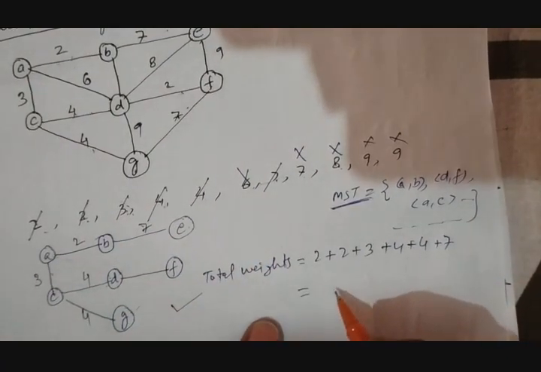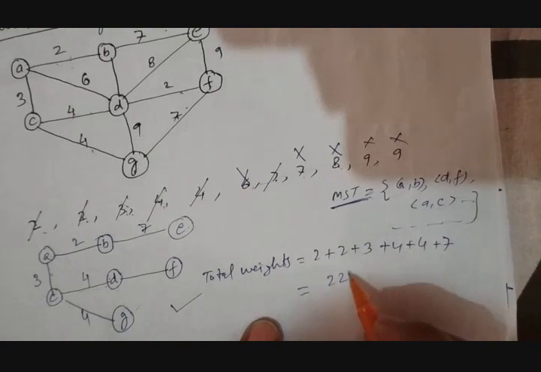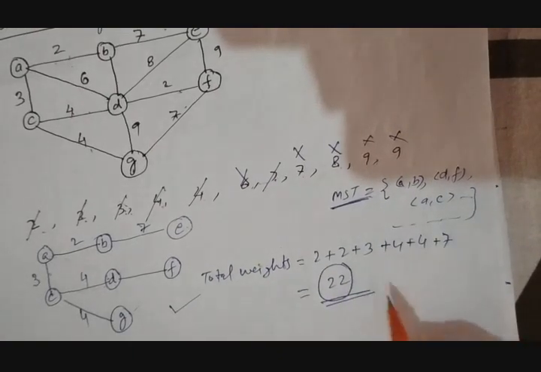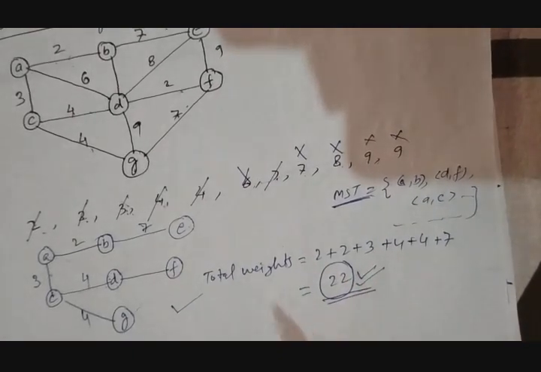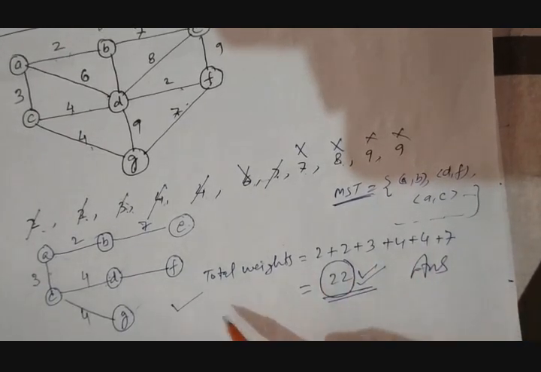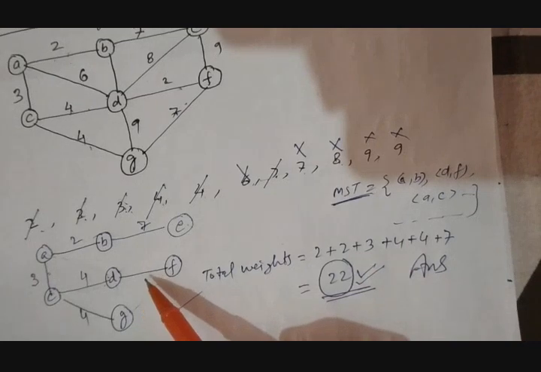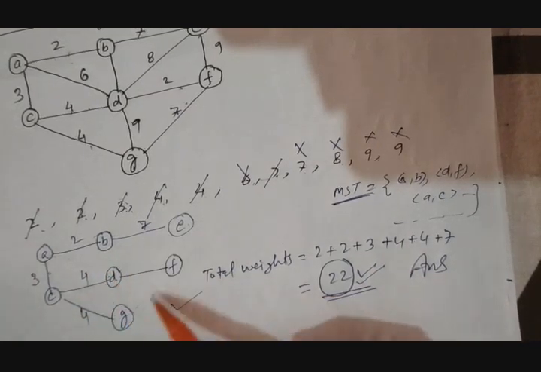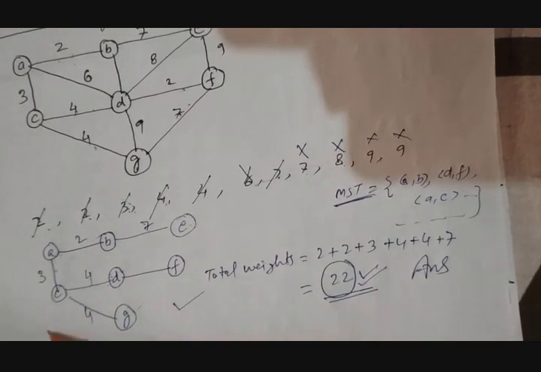So it is coming to 22. This is the total weight of the minimum spanning tree, which has been found using Kruskal's algorithm, and this is your minimum spanning tree.